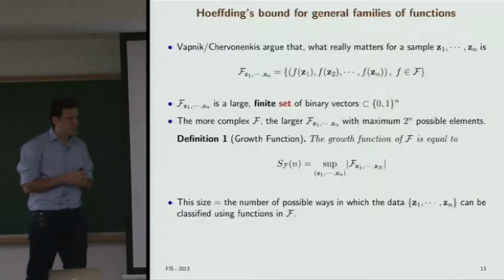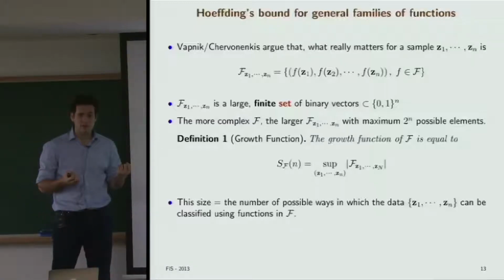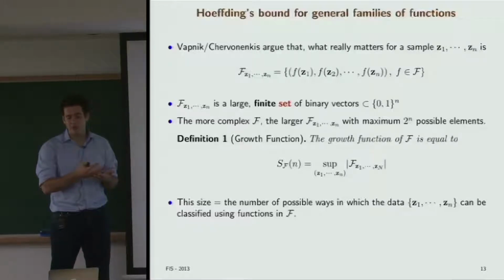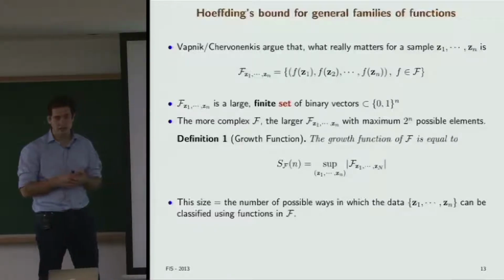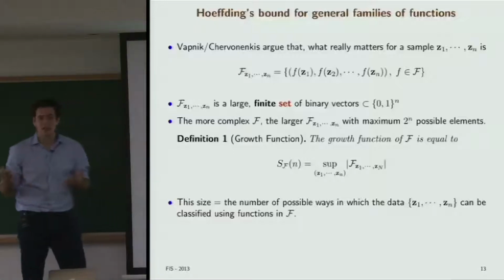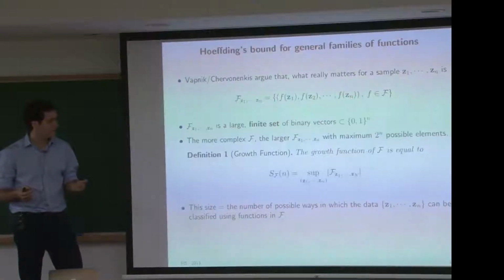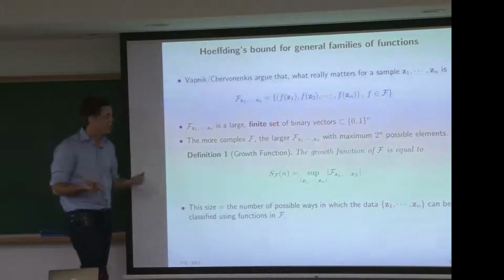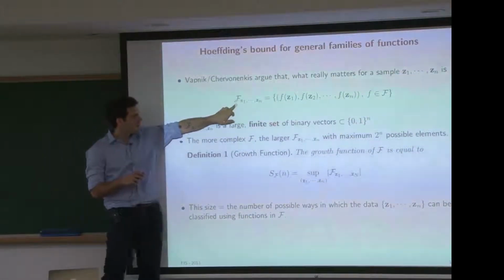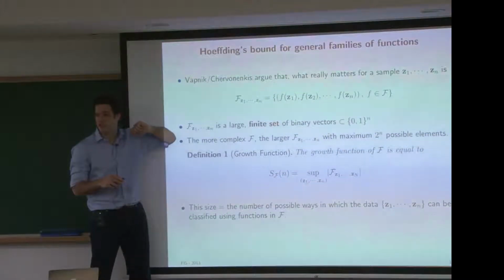So here's the idea of Vapnik and Chervonenkis. What they argue is that what really matters when you see a sample z1 to zn is not exactly how many functions there are and how complex the space of functions is in itself. The only thing that matters is the values that the functions take on those points z1 to zn.